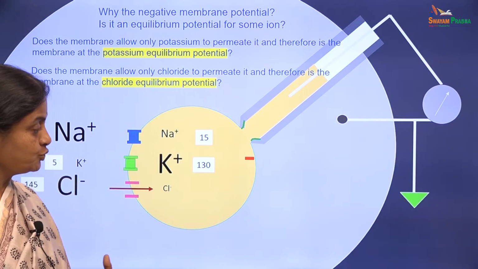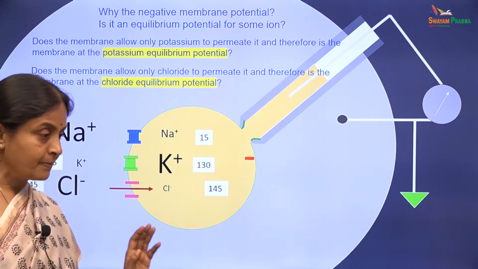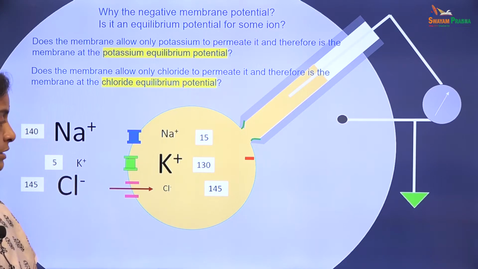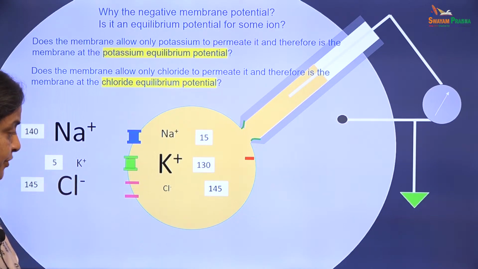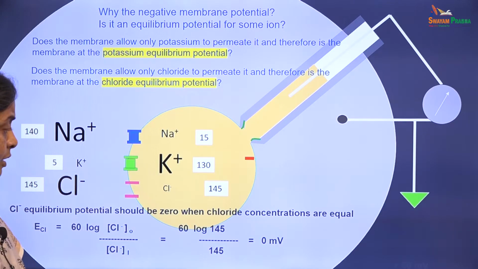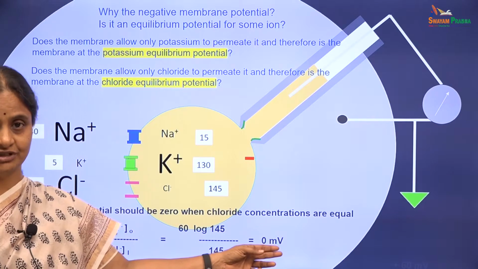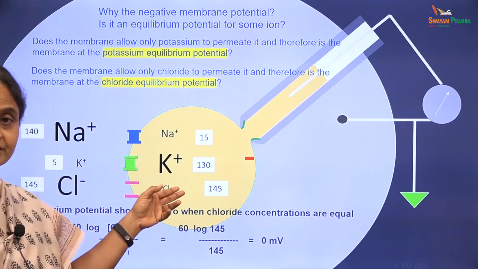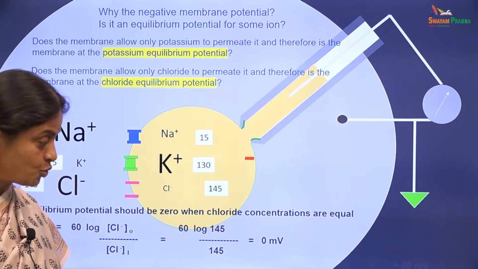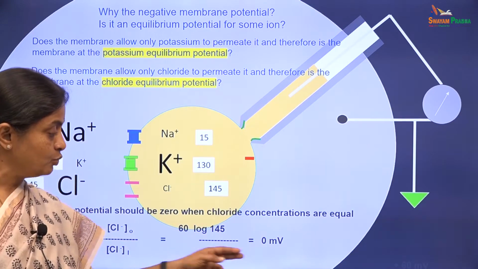So what we can do is use an intracellular solution rich in chloride, and now if we predict the equilibrium potential for chloride, given that chloride concentrations are equal on either side, we would see that there would be no potential difference across the membrane because there is no concentration gradient even though that channel is open, and mathematically 60 log 1 would be 0.